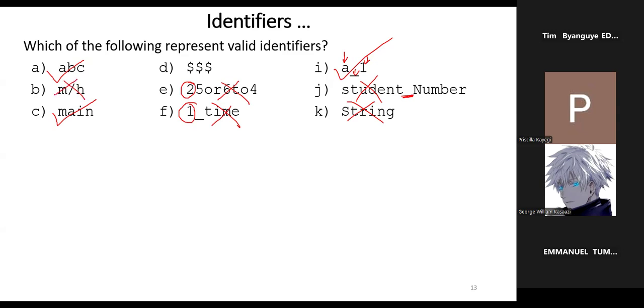And the reason it is invalid here is because the backslash, this guy, has a special meaning in Java, and in fact, in most languages. Just like the forward slash, the backslash is considered a special character.